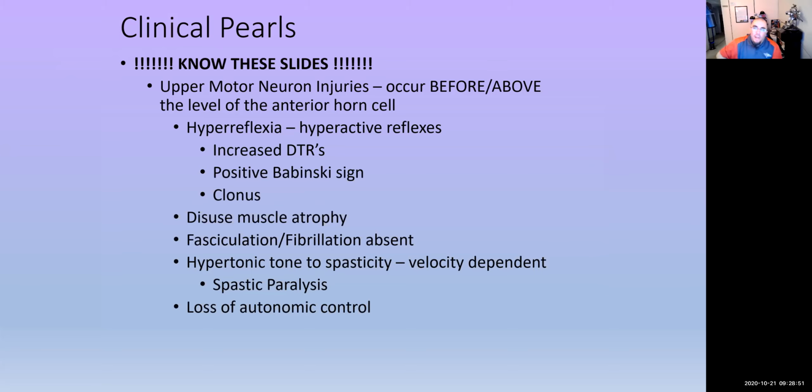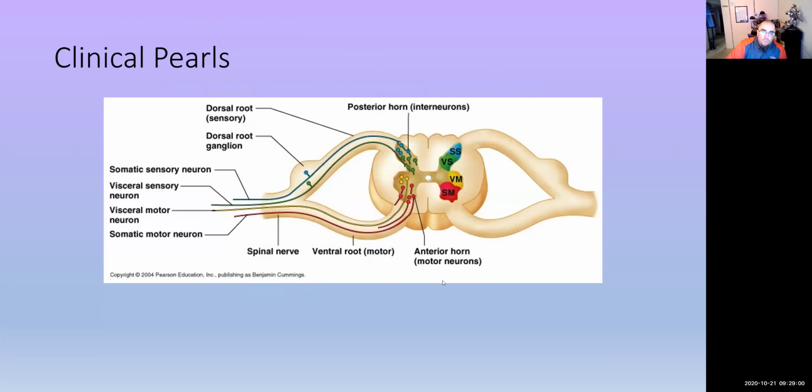Your upper motor neurons occur above or before the level of the anterior horn cell. Remember, we're only talking about the motor stuff now. So an upper motor neuron will occur here all the way up to the brain, before that anterior horn cell.